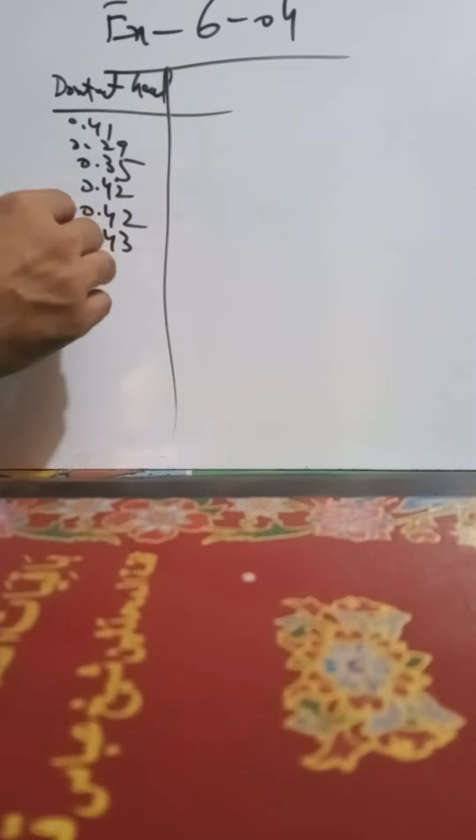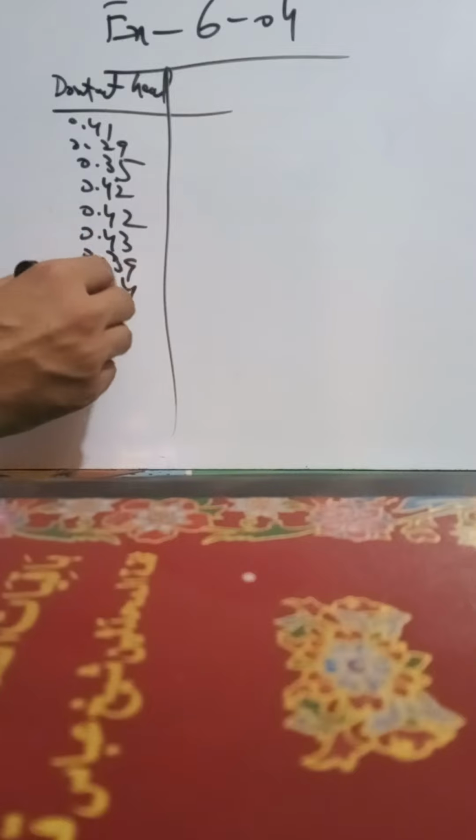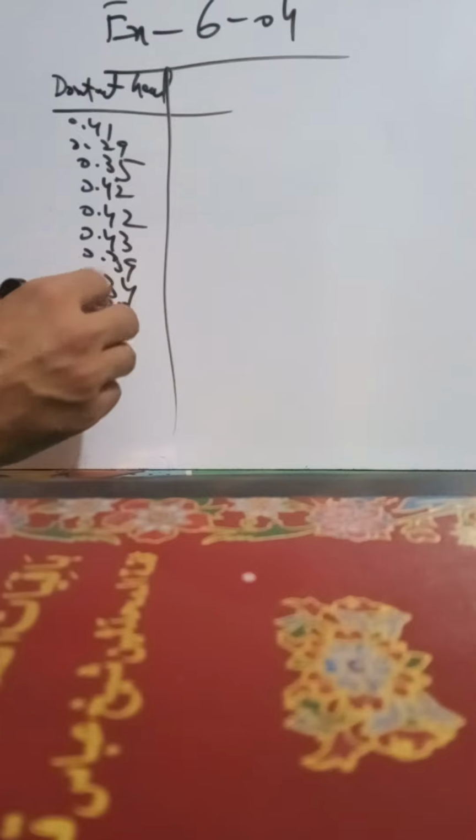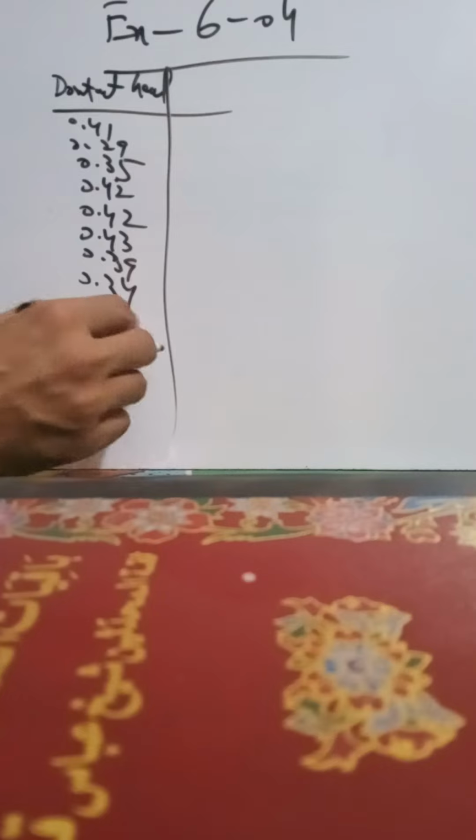0.43, then we have 0.39, then 0.34, 0.38, and similarly we had 0.61, 0.38, 0.47, 0.34, 0.32, 0.29, and 0.30.